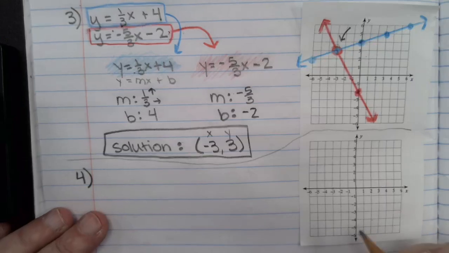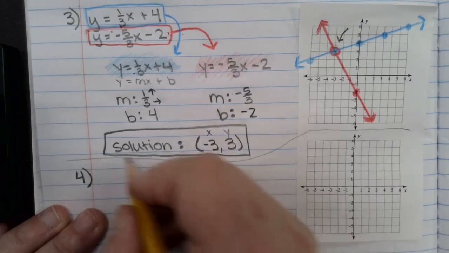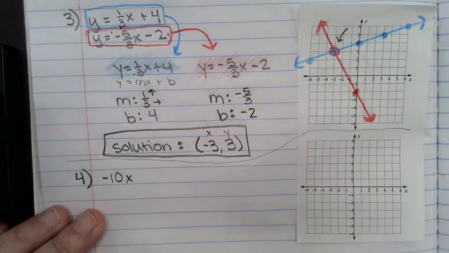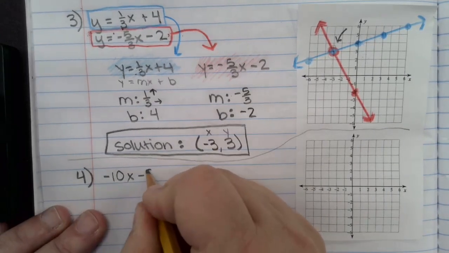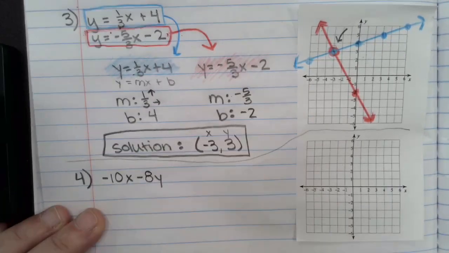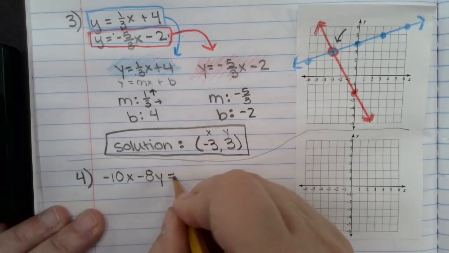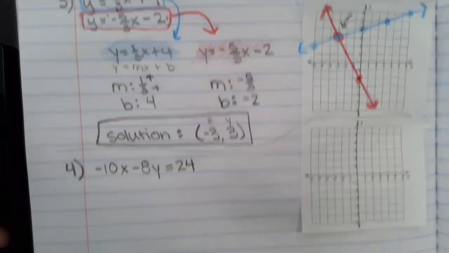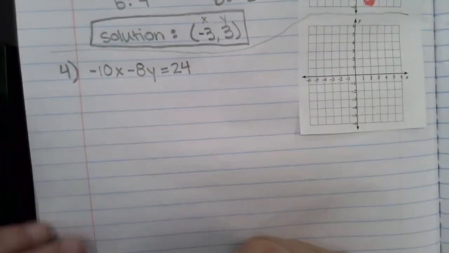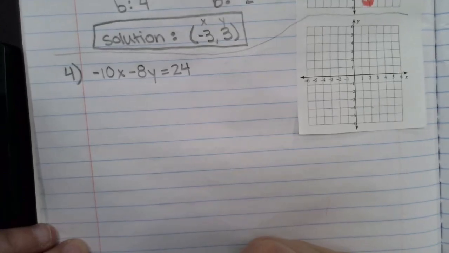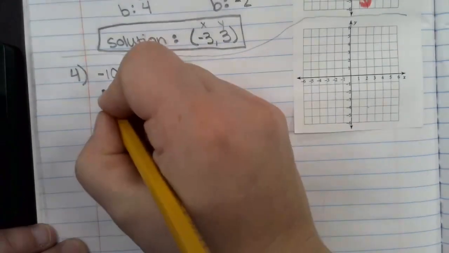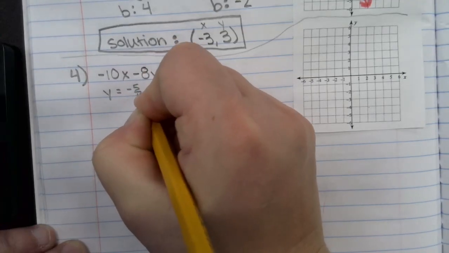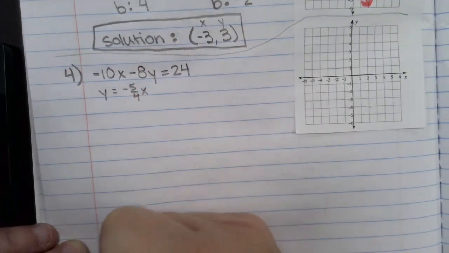All right, number 4. Last one here. We have negative 10x minus 8y equals 24, and y equals negative 5/4 x minus 3.